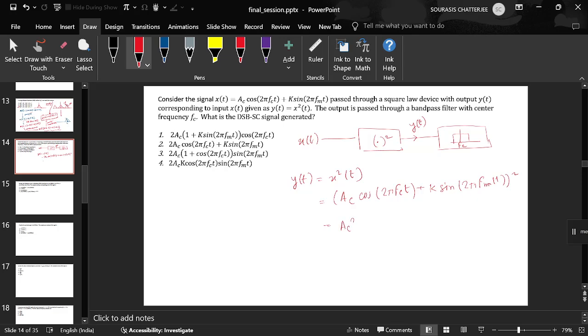So we'll have Ac squared cos squared 2 pi fc t, that we can directly write as (cos 4 pi fc t minus 1) divided by 2, or is it the other way around?